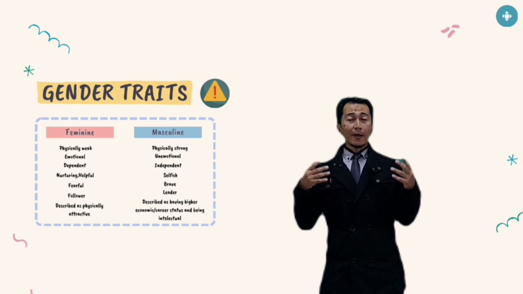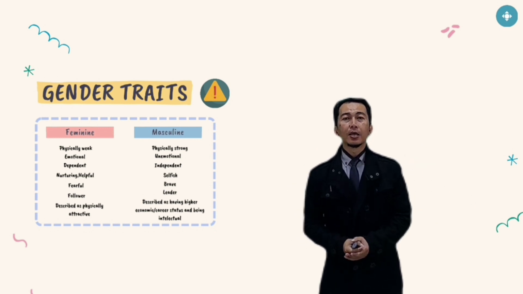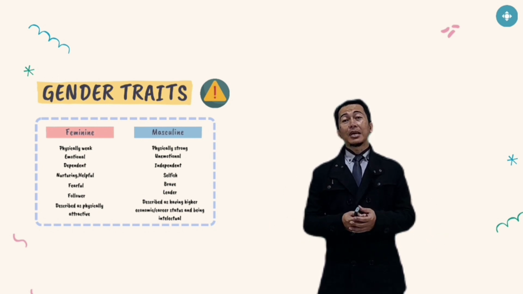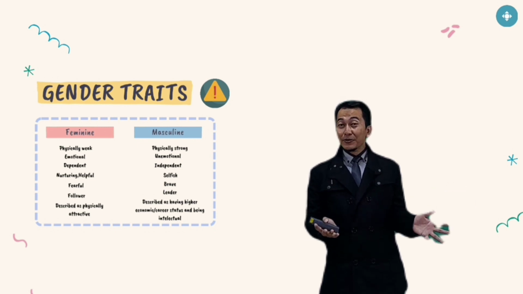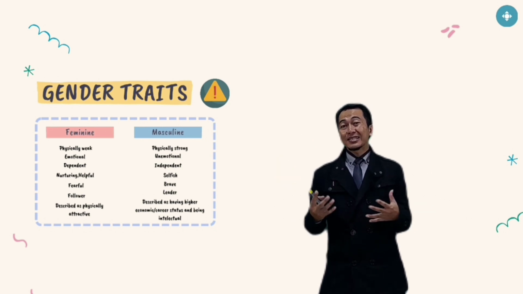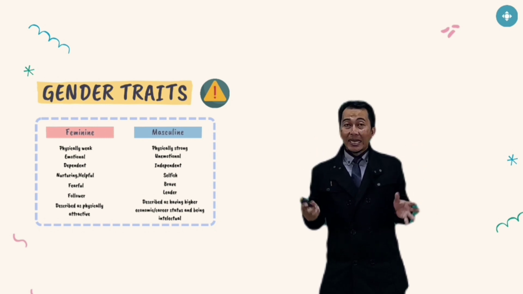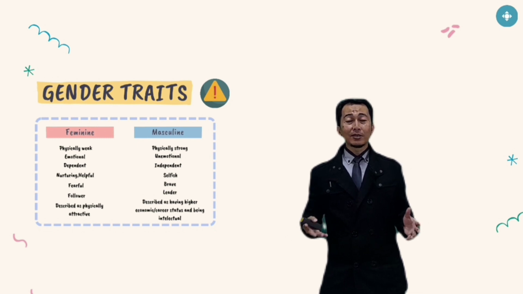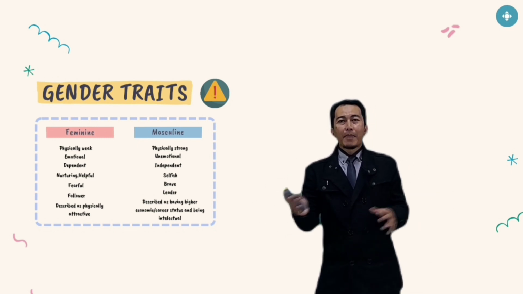Because when you have to make an ad for women, for example, you are invited to make ads like shampoo or perfume. So this is for women, and you have to know about the gender traits. This is not for men, this is for women. You have to know about the characteristics, fearful and brave. Later on, I would like to elaborate with you examples of whether this is feminine or masculine.